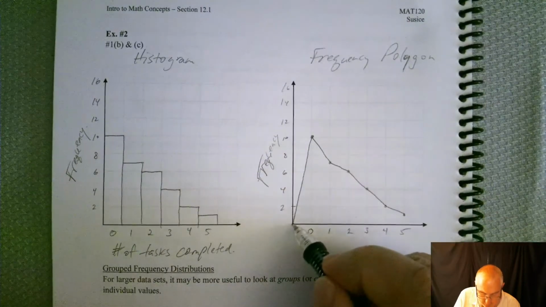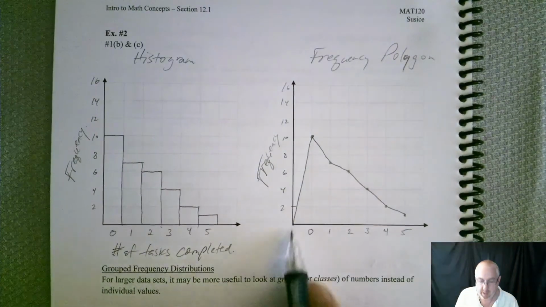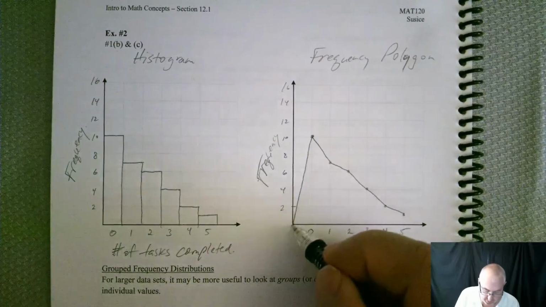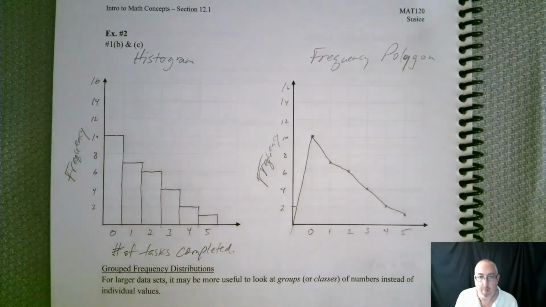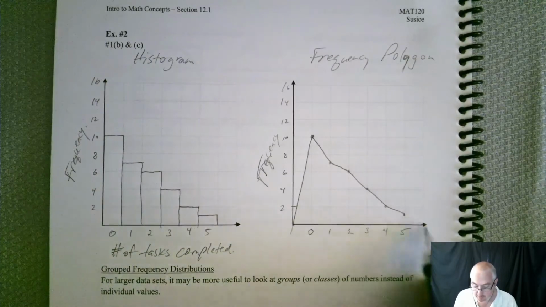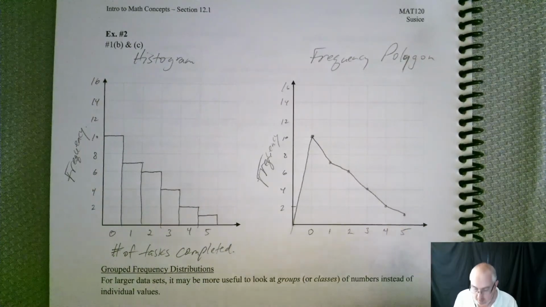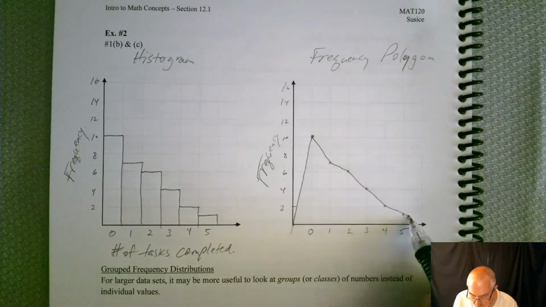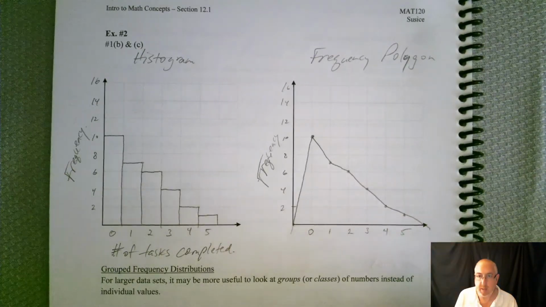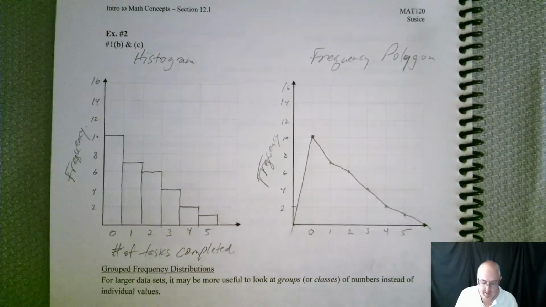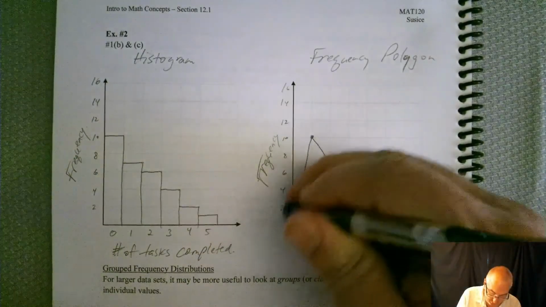I usually like to have it go right through where the two axes meet. Sometimes you can extend it beyond, but if you stop right there, that's fine. And on the other side, if we pretend that there's another dash, let's bring this down through the horizontal axis. So that is what makes it a frequency polygon.